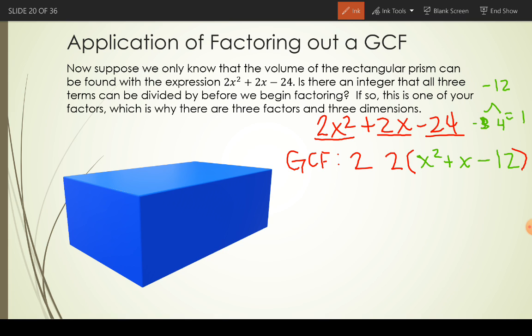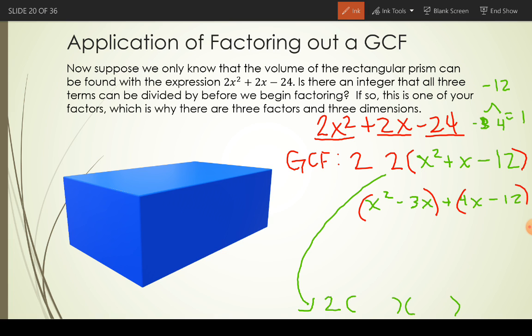So I'm lazy, so I'm just going to draw this 2 down to the end. I know that the greatest common factor has to be in my answer. And I'm going to set up the parentheses for my factors that I'm going to come up with. So I'm going to replace my x in the middle with negative 3x and positive 4x, and then minus 12 at the end. We can go ahead and group these first 2 and these last 2 together.